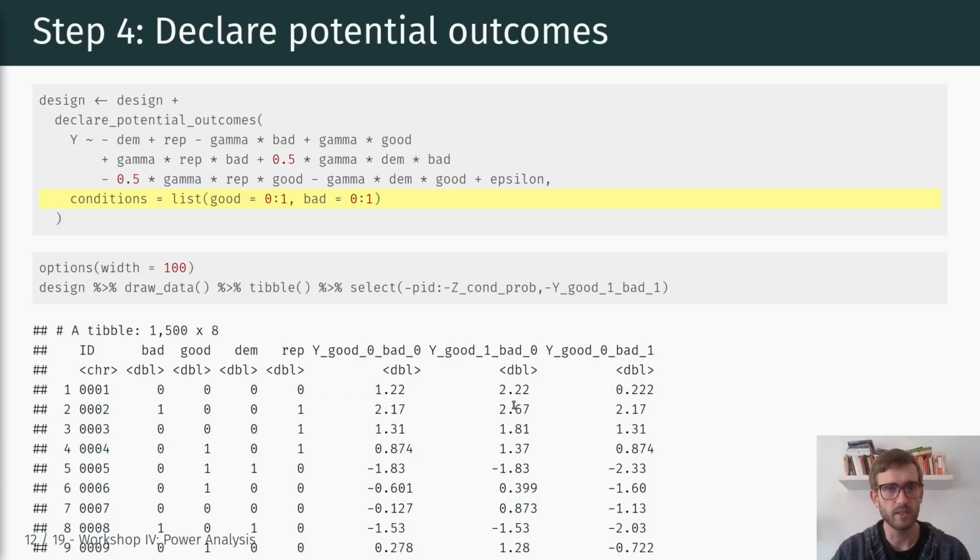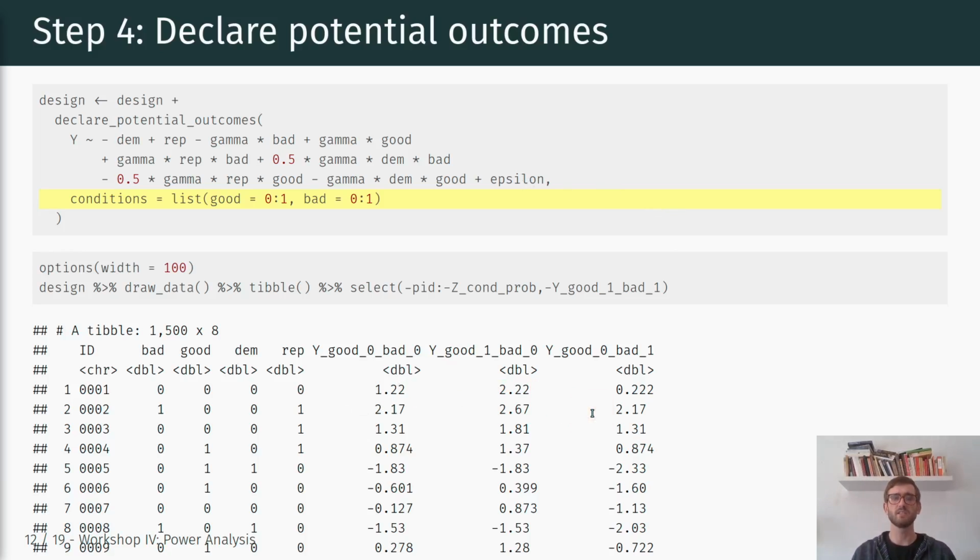Then we have one for good being equal to 1 and bad being equal to 0, so that's the positive treatment condition, and one for the negative treatment condition. Okay, so basically these are now the simulated outcome variables based on this data generating process and the covariates that we specified previously, and of course taking into account our epsilon, which is the error term that we specified. Okay, so these are now the potential outcomes.